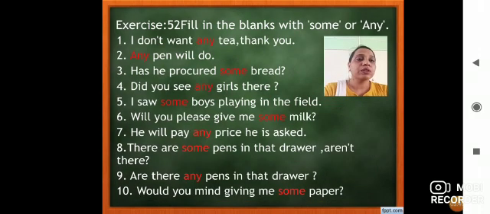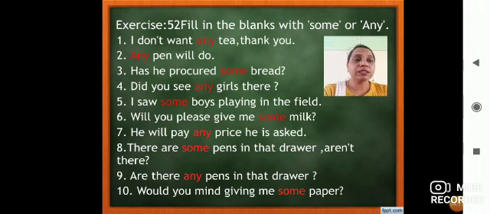Okay. So, students, you can see here the red letter words, they are all the answers here, and I hope it's clear to you how to use some and any. I am again repeating, some we use when we expect the answer yes and we are sure about yes. So, in such a case, we will use some.